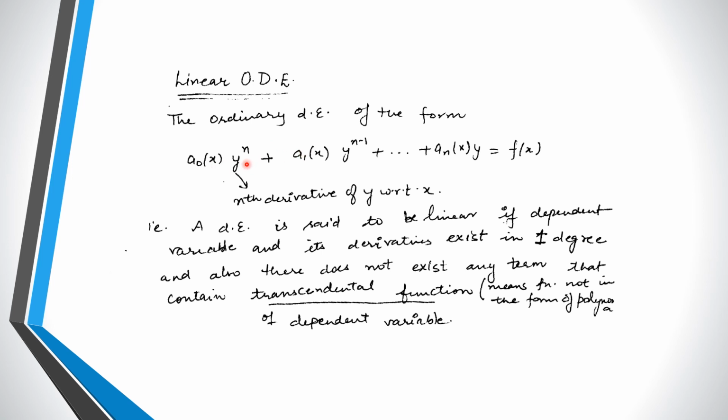If an equation contains functions like this, then that differential equation is not linear. It will be called a non-linear differential equation. So the ordinary differential equation is of this form.